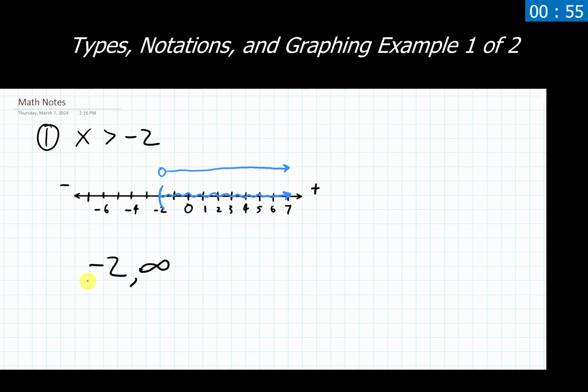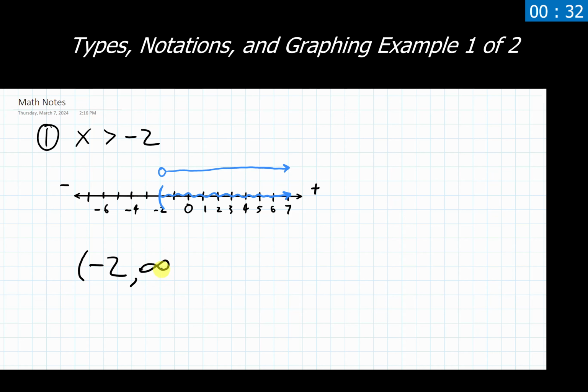Now we determine, am I putting brackets or parentheses by the -2, brackets or parentheses by the infinity? For -2, we're looking at the inequality symbol that's been given to us. It's a greater than, and greater than always corresponds with parentheses. So this -2 is going to have a parenthesis around it.